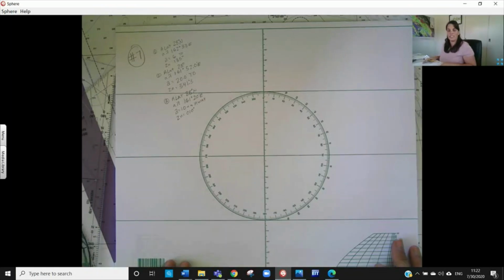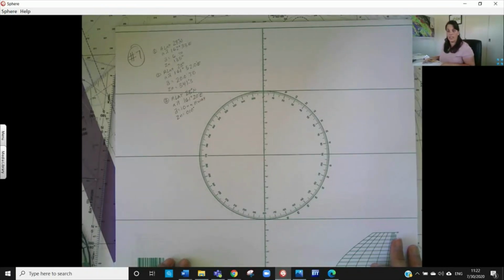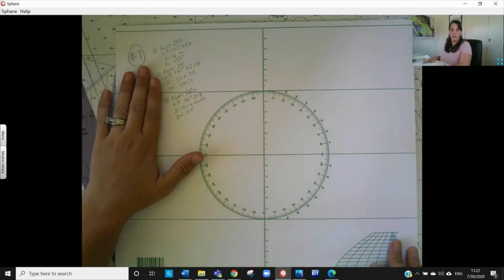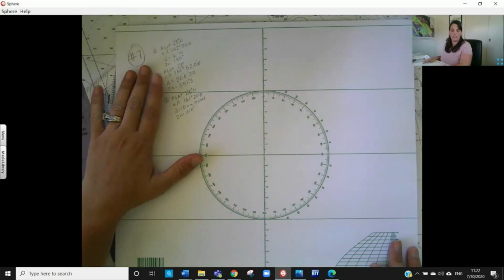Okay, so for number 7, we're going to be plotting 3 LOPs. We don't have a DR position or course and speed, but they did give us a mid-latitude and longitude to make it easier to plot our 3 assumed positions and LOPs.